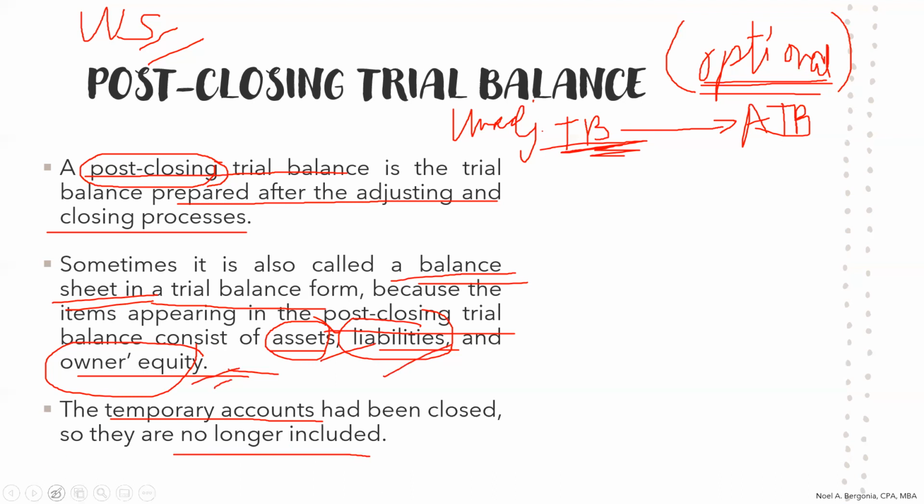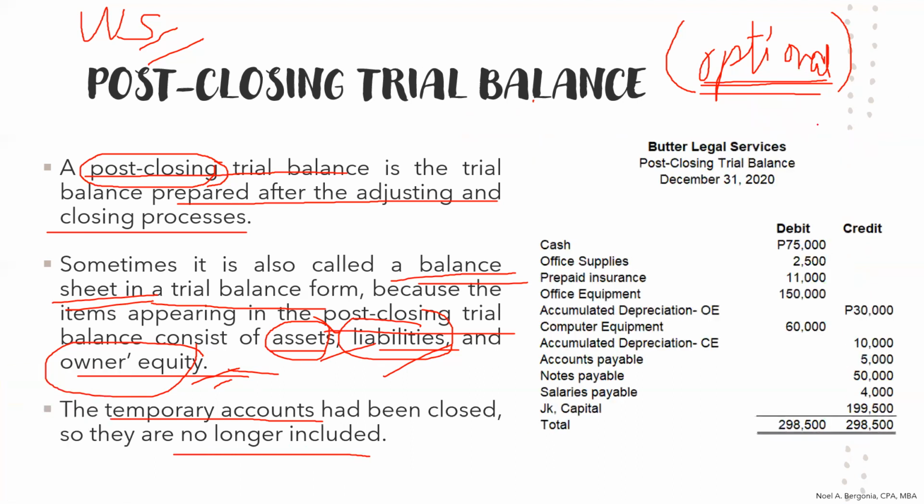So if ever that you have prepared the post-closing trial balance of Butter Legal Services, dun sa ating series ng transactions, ito na lang po yun. So the name of the company, post-closing trial balance, December 31, leave a space. Ito, dahil trial balance ito, pwede na kayong maglagay ng debit and credit. Unlike with the financial statements na kadidiscuss natin, huwag kayong maglalagay ng debit and credit.